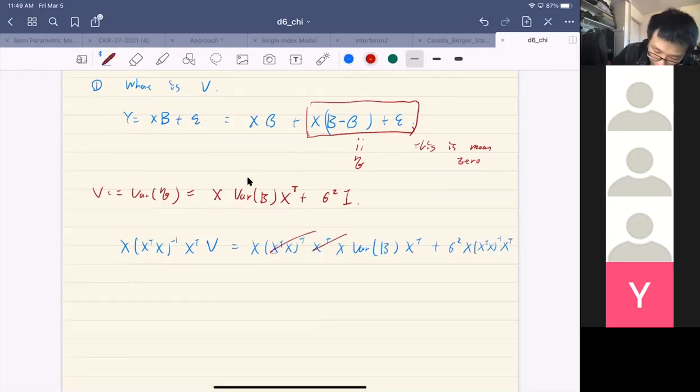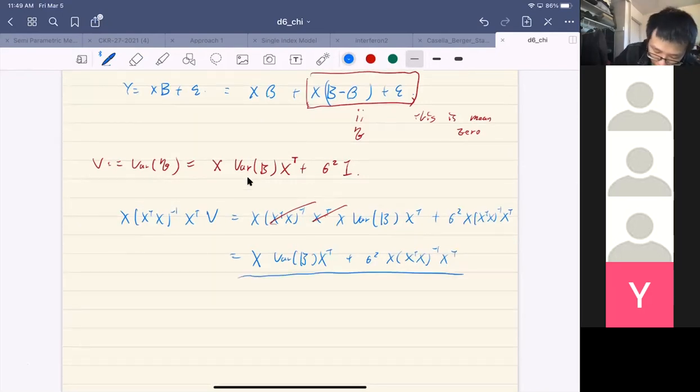And these two can be cancelled, so it should be X variance B X transpose plus sigma square. So you can see this is symmetric.